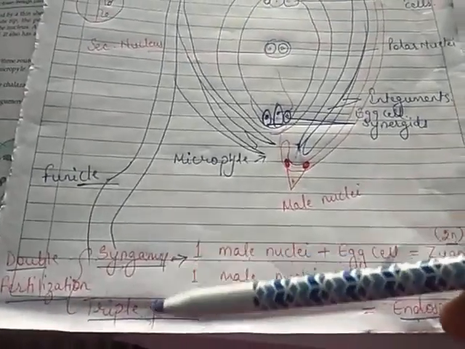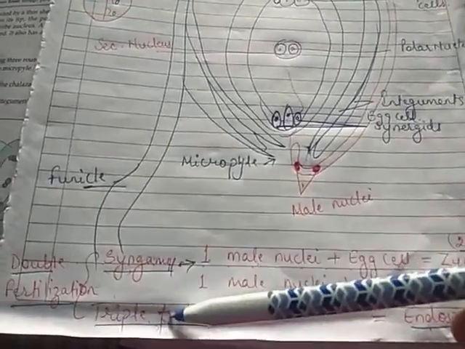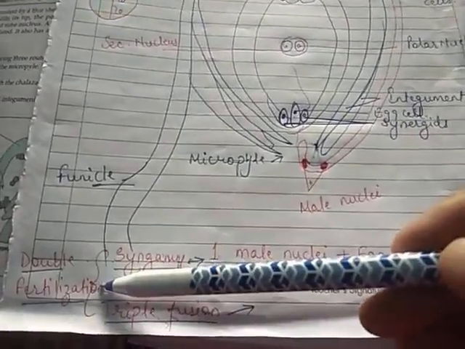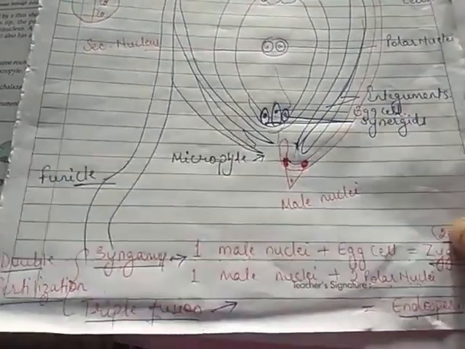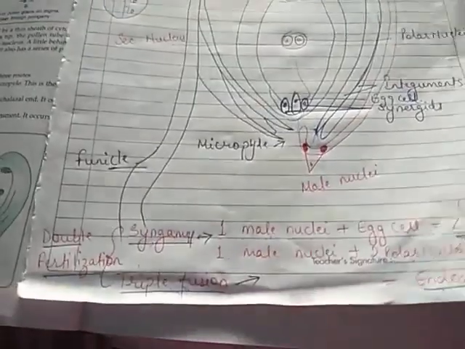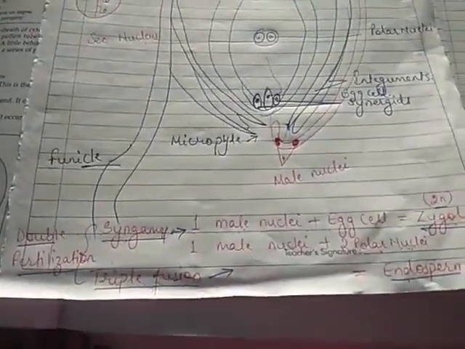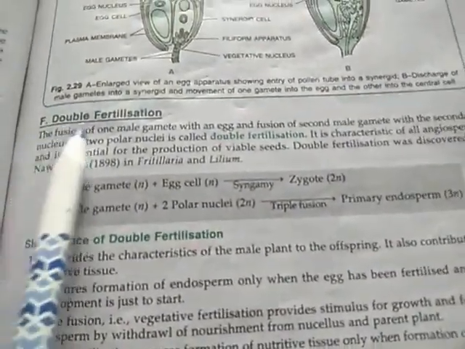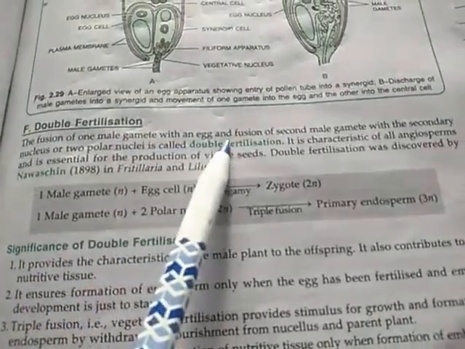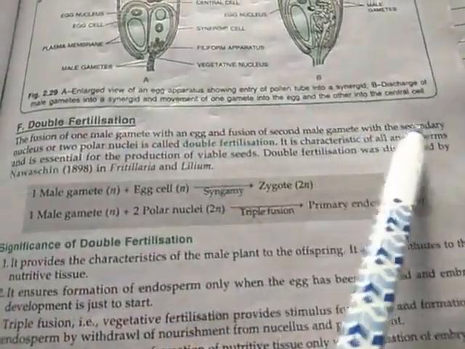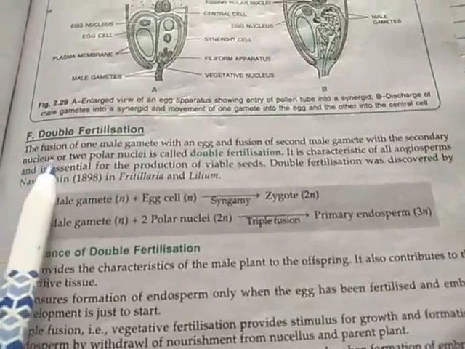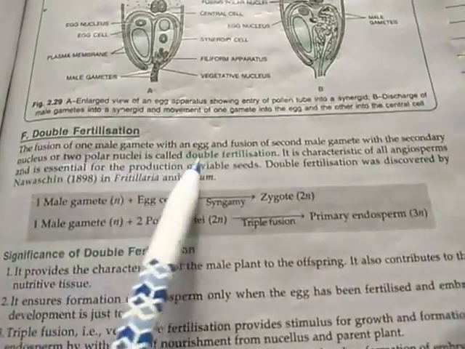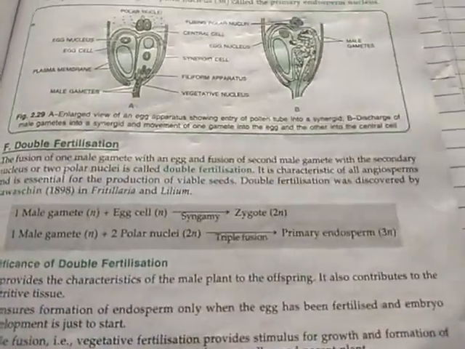As there are 2 different types of fertilization in this, it is called double fertilization. So if I am to say what double fertilization is, it means syngamy and triple fusion taking place at the same time. The fusion of one male gamete with the egg and the fusion of the second male gamete with the secondary nucleus or 2 polar nuclei is called double fertilization, which I have already explained in the diagram.